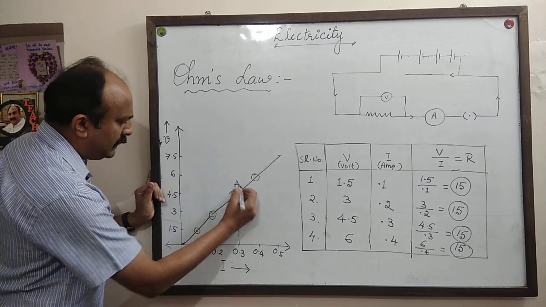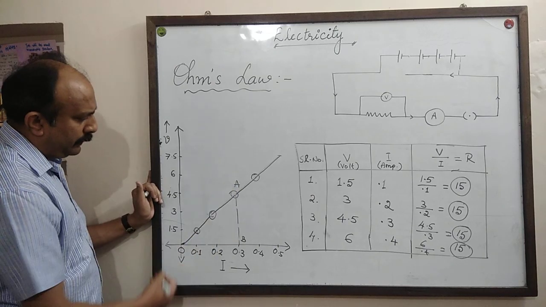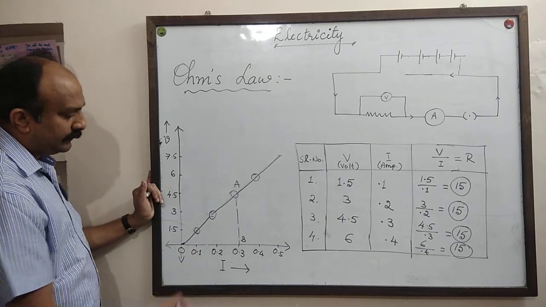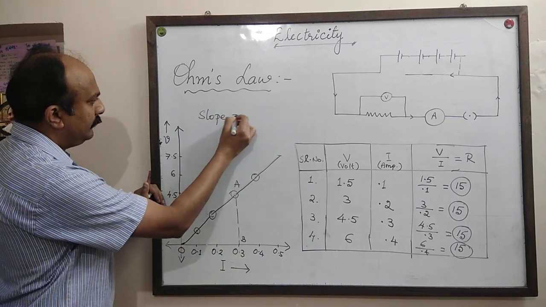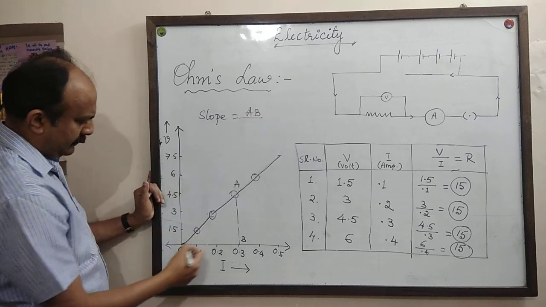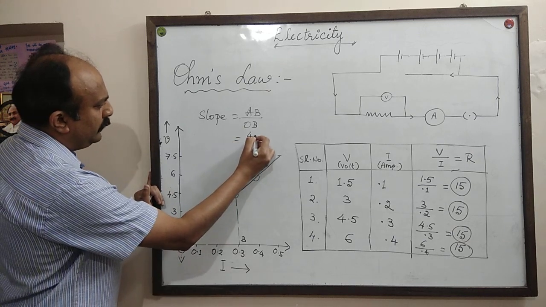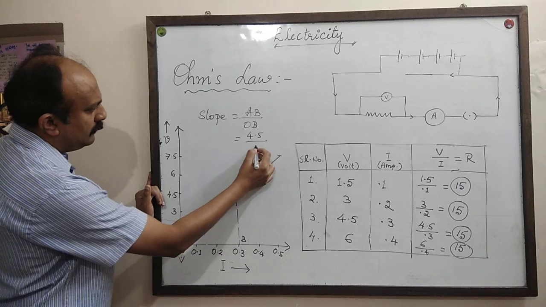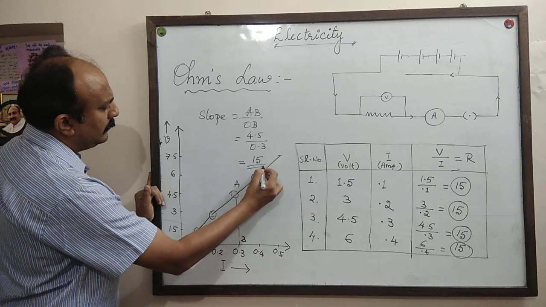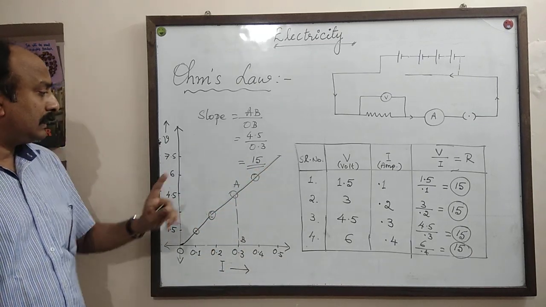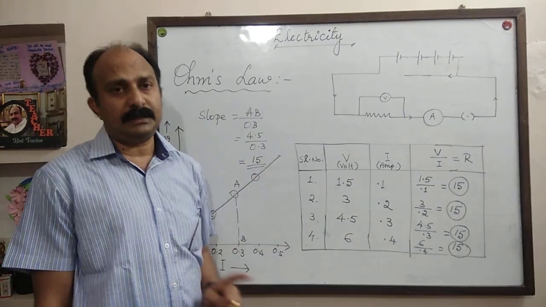Say it is A, it is B, and it is O. Now the slope of this graph is AB upon OB. Here the value of AB is 4.5, OB is 0.3. 4.5 upon 0.3 is equal to 15. So we can say the slope of a VI graph will also give you the value of R, resistance.